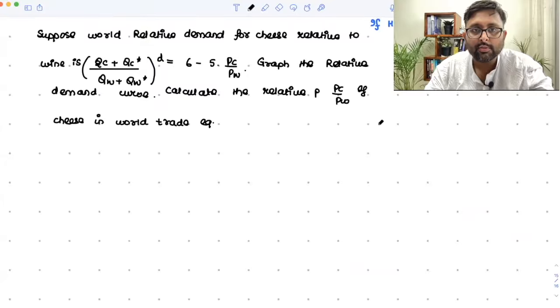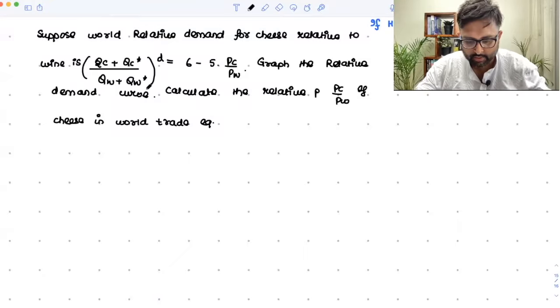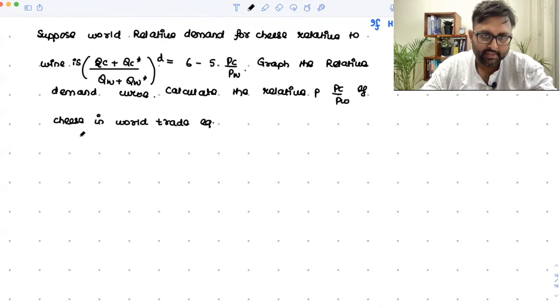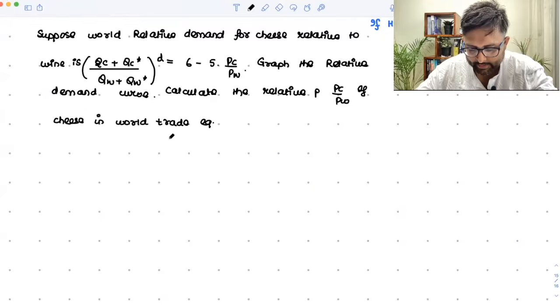Suppose the world relative demand for cheese is given by this. Graph the relative demand curve, and calculate the relative price PC by PW of cheese in the world trade equilibrium. So how do we write this?